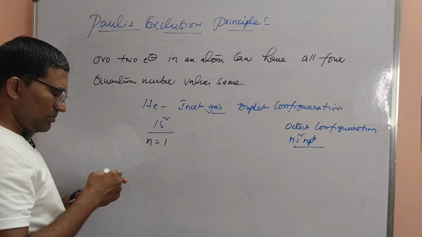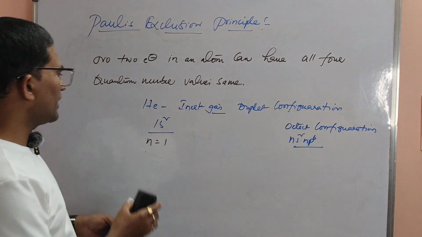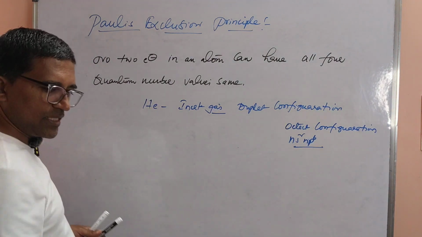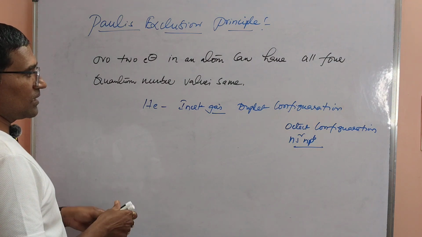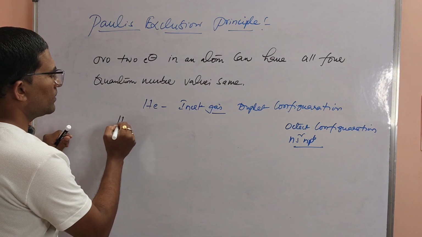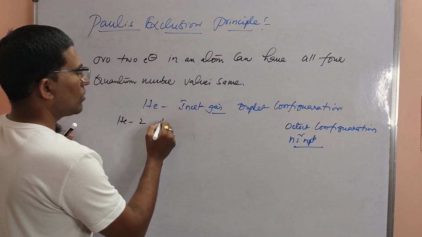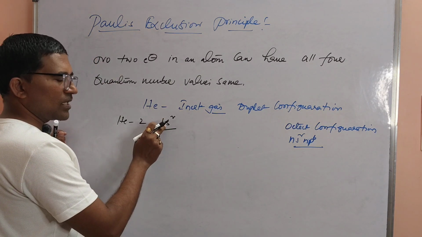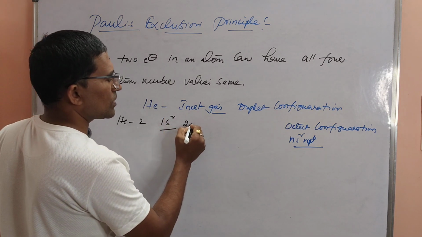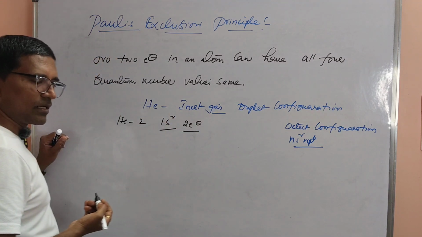Before that, I will write it like this, then you will understand more easily. Helium, atomic number 2, configuration 1s2. In the s subshell we have 2 electrons. This is the s orbital.